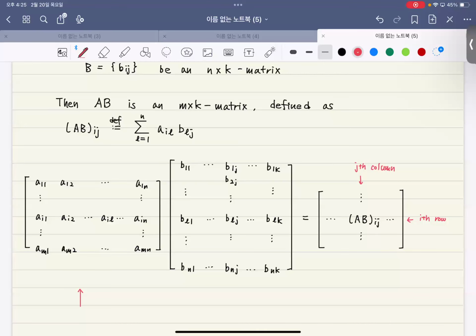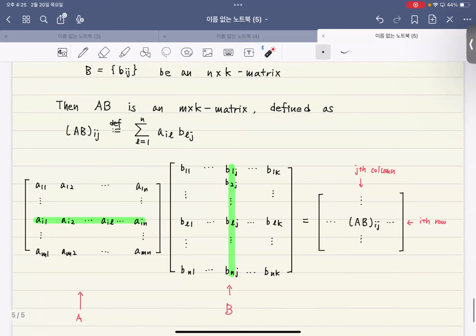This is my matrix A. This is my matrix B. In order to compute the ij entry of the resulting matrix AB, what you're supposed to do is choose the ith row of the first matrix and the jth column of the second matrix.